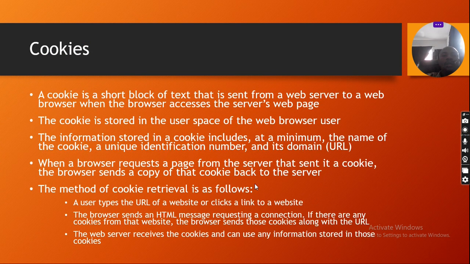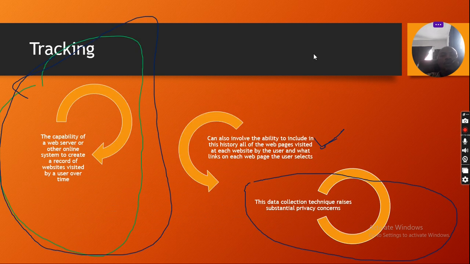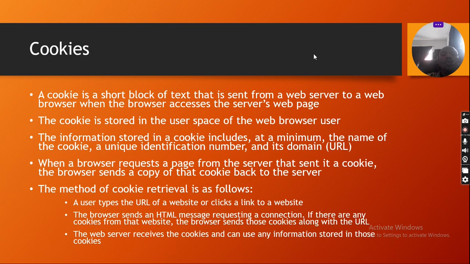Now let's take a look at other things that are used for tracking. One is cookies. A cookie is a short block of text that is sent from a web server to a web browser when the web browser accesses the server's web page. A short block of text is sent by the server to the browser anytime the browser accesses the server.